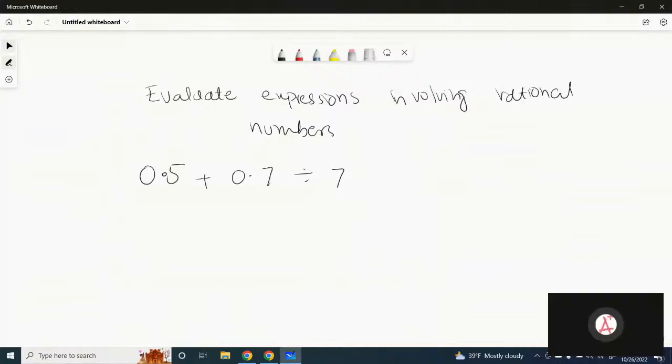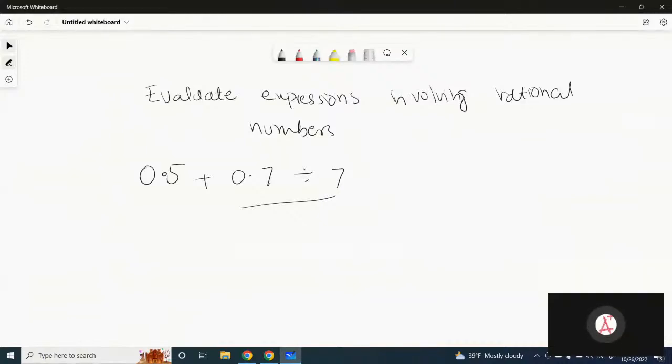So you need to see which one has the highest priority, addition or division. Division, got it? First you have to divide because division has the highest priority.